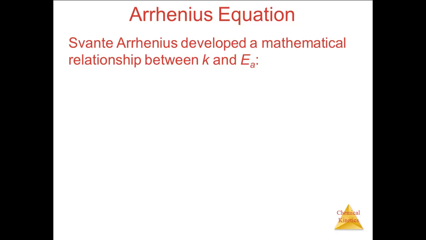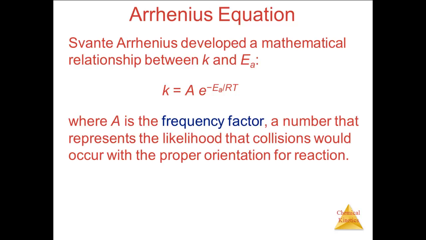A Scandinavian chemist, Svante Arrhenius, adapted this equation to relate the rate constant K to the activation energy. The equation is K equals A times e to the power minus E sub A over RT, where A is the frequency factor, a number that represents the proportion of collisions with the proper orientation for the reaction.